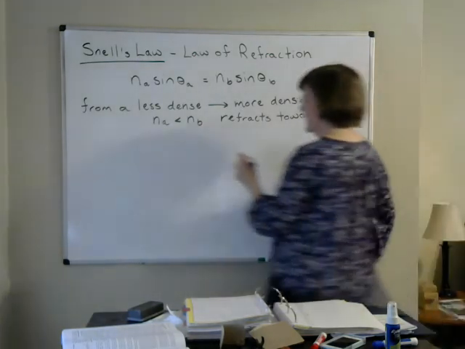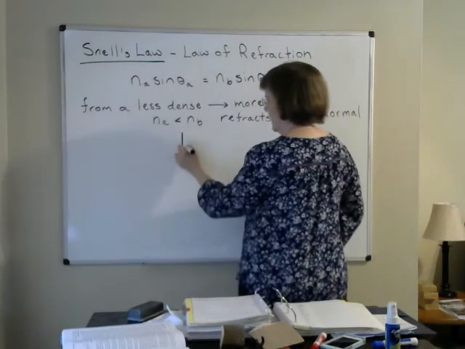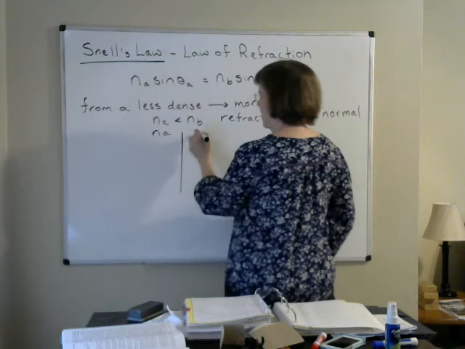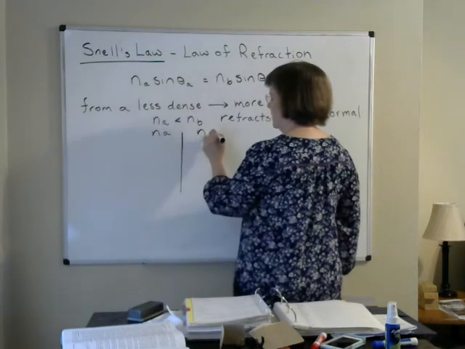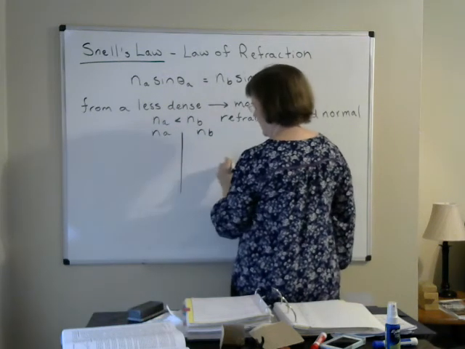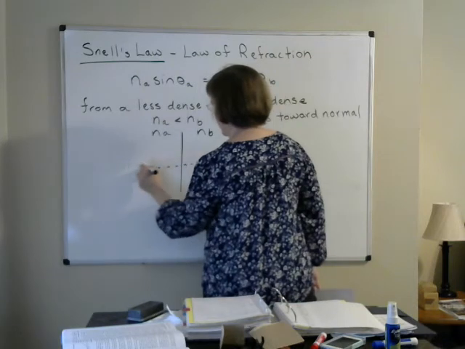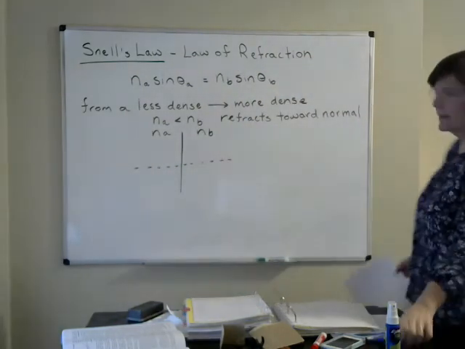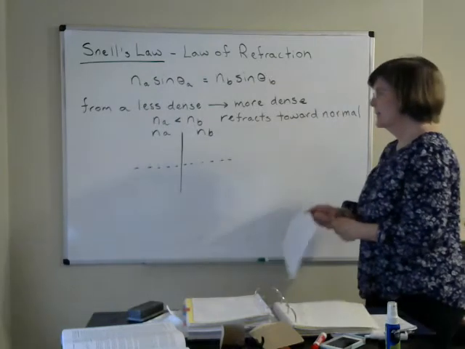Okay, see what that might look like. Over here, we have material A. Over here, we have material B. Here's a normal. In comes a ray of light.